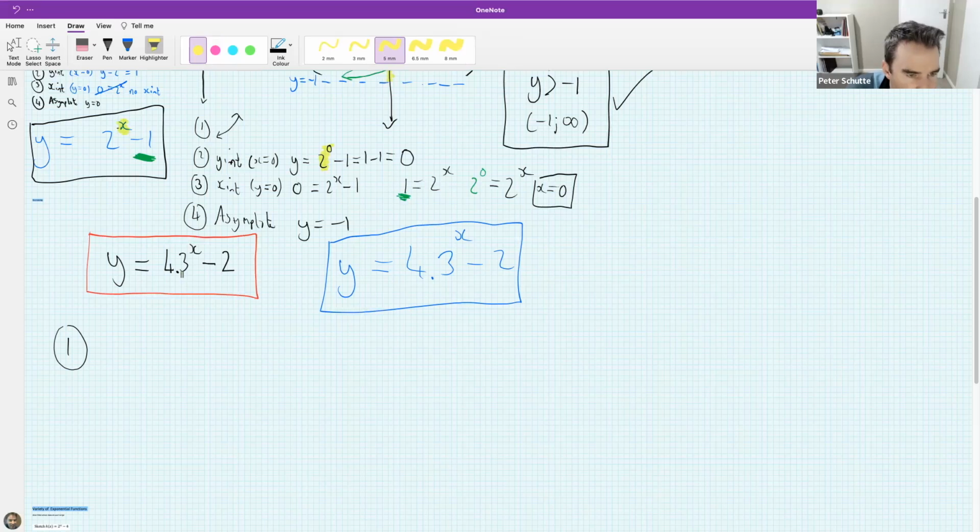So in order to know the shape of the graph, I'm just going to first look at my a value. And in this case, it's still looking like this.